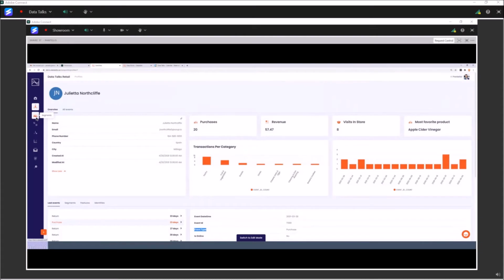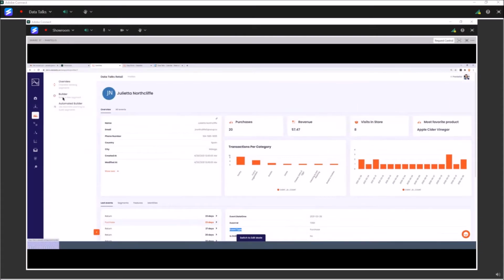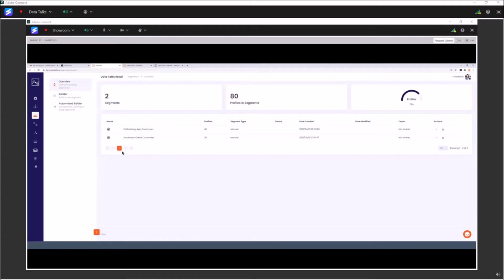Now, what we want to show next is one of the most core and important functionalities of a CDP, and that is to create segments of people, of customers with the same behavior, similar characteristics, similar preferences.